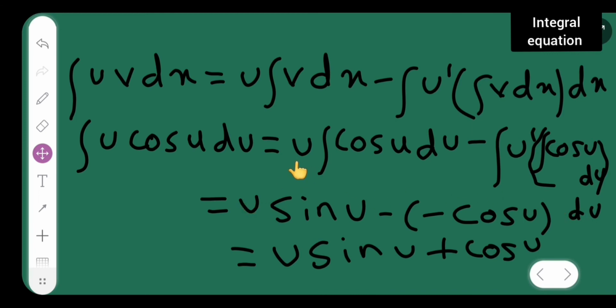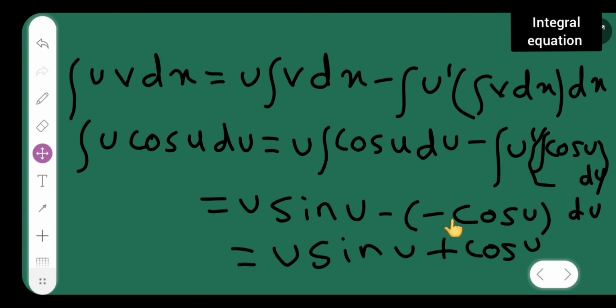So now this is equal to what? u sine u. The integral of cos u is sine u, minus, and what is u dash with respect to u? It is 1. The integral of cos u is sine u, but again you have to integrate this, you will get minus cos u.